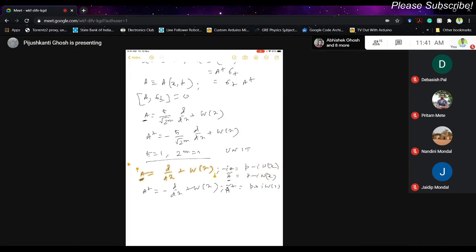Perhaps in the book it is given in terms of p minus i omega x and p plus i omega x, but you should not get confused, because both are identical. It's a matter of personal taste and choice.